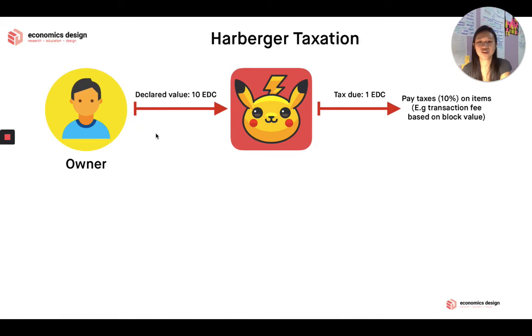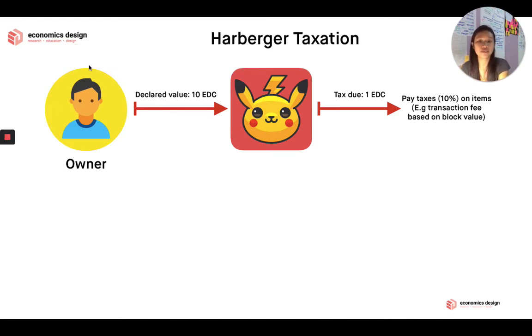It's not very useful, because this owner can say, I declare Pikachu as 1 coin, and I'll just pay 0.1 coin as my transaction fee. Then this is not a very good system. The system will drive everything to 0. Or he just says, I think Pikachu is worth less than 0, so I don't have to pay taxes at all.